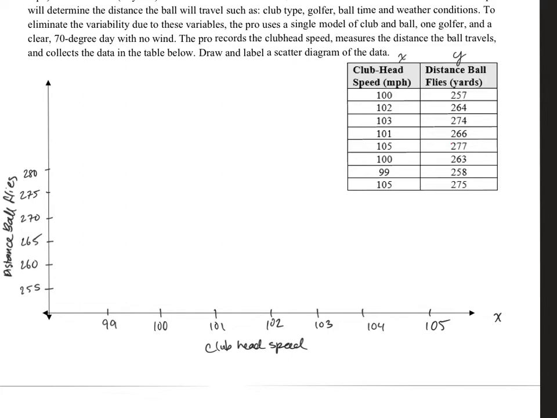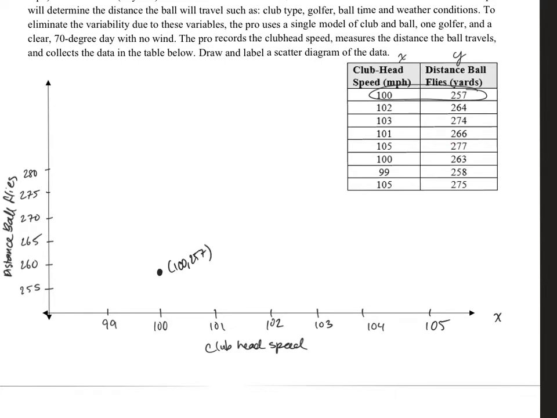Okay, let's go ahead and plot the points. The first point we have is 100, 257. It's going to be about here. And I like to label my points: 100, 257.